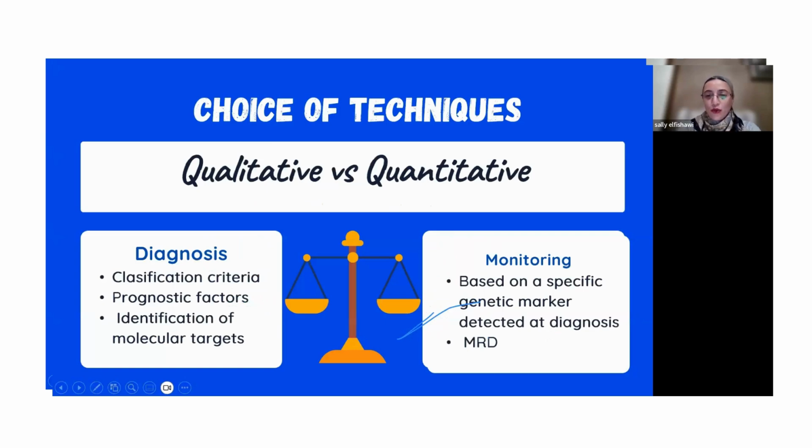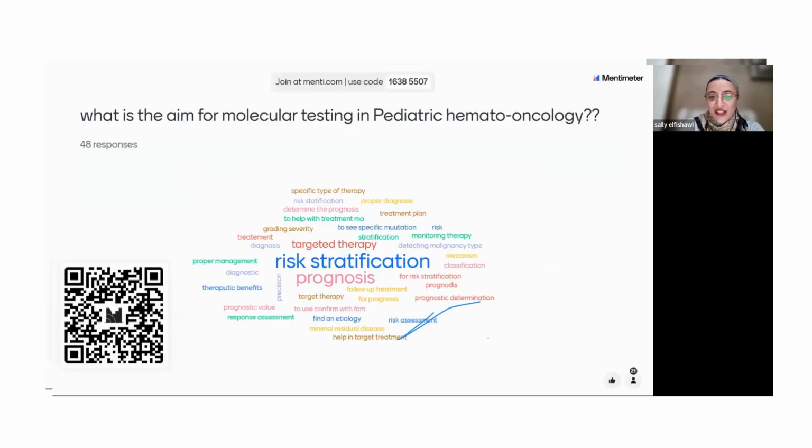But in my point of view, if you want to find the aim behind the molecular tests, we have two approaches to think of them. Those molecular tests, are they qualitative versus quantitative? If you go to the other slides where you answered, you all said risk stratification, targeted therapy, prognosis.